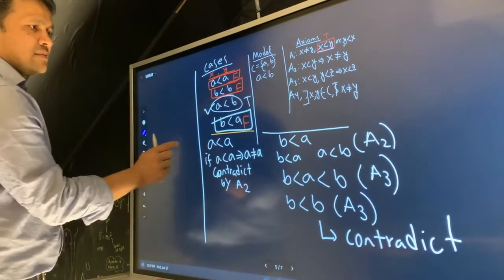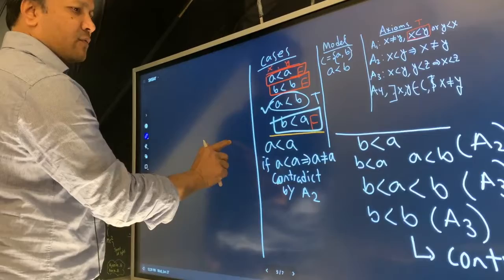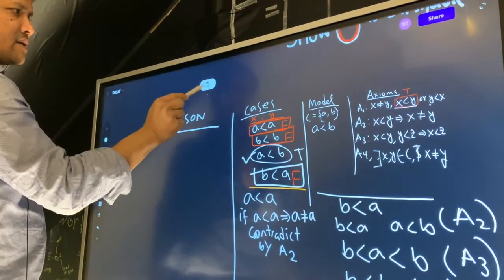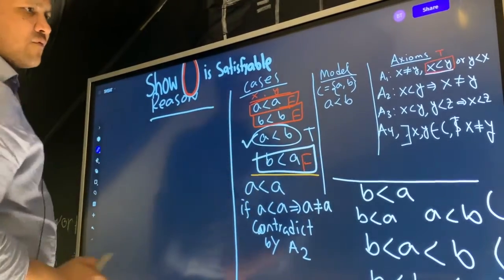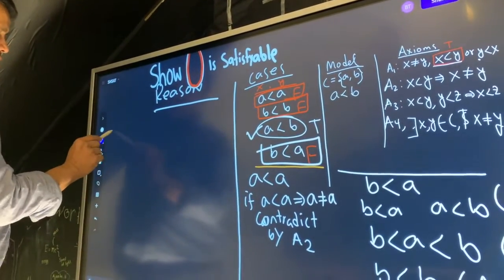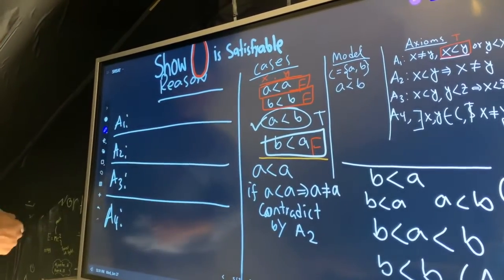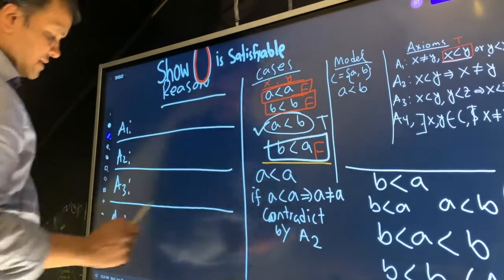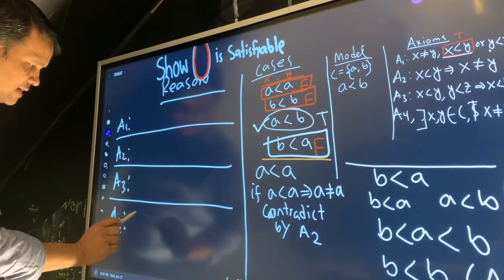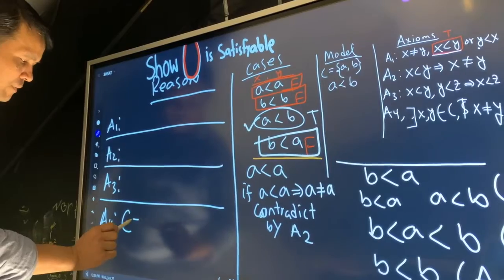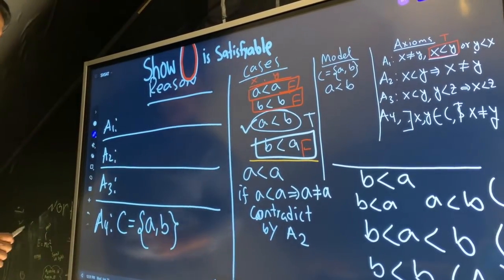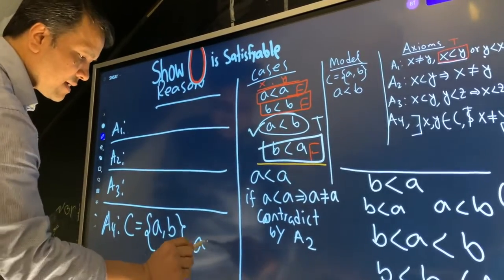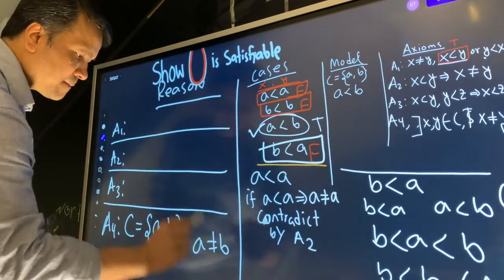Now it's time to do the reasoning. We are good with axiom 1, axiom 2, axiom 3, and axiom 4. Axiom 4 tells us that C contains a comma b such that a is not equal to b.